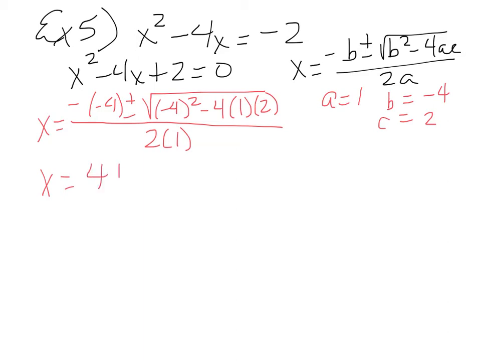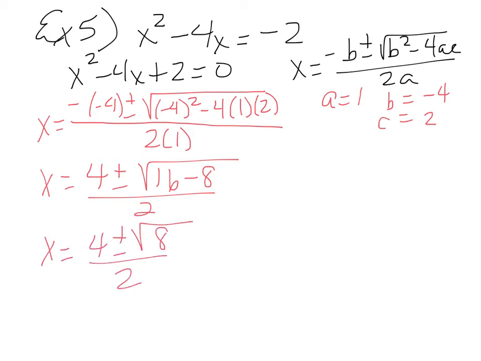So you have 4 plus or minus the square root of 16 minus 8 all over 2. So keep doing work. 4 plus or minus the square root of 8 over 2. You can break down that 8. So x is actually equal to 4 plus or minus 2 square roots of 2 all over 2. And just like any fraction out there, you have to make sure you reduce. There's a couple of ways to reduce this. You can have x is equal to, notice that there's a 2 in common with the numerator.